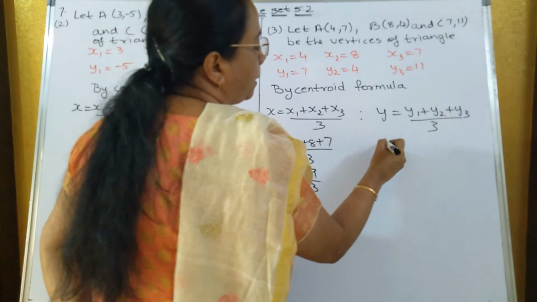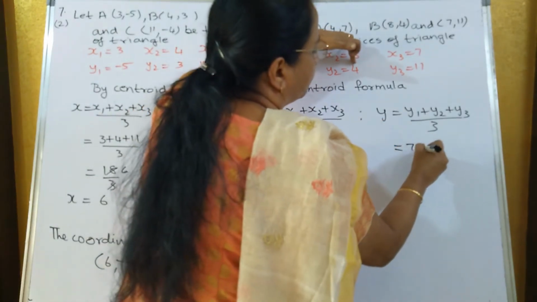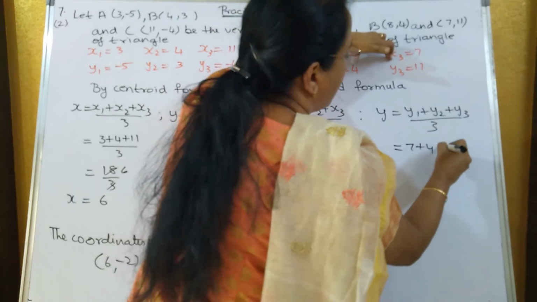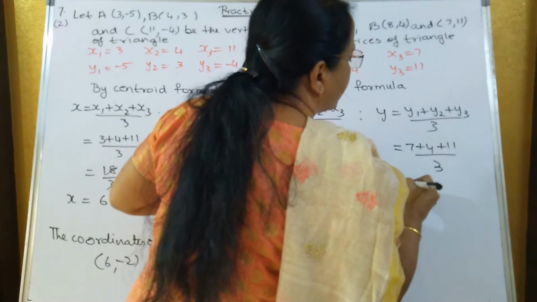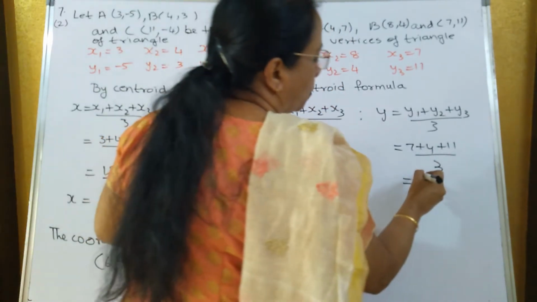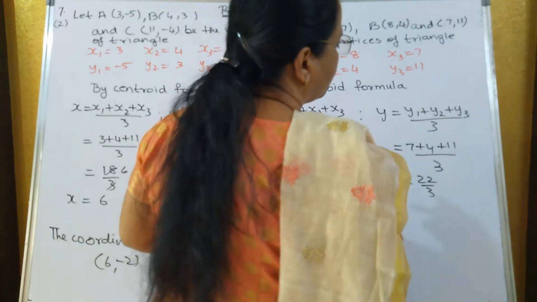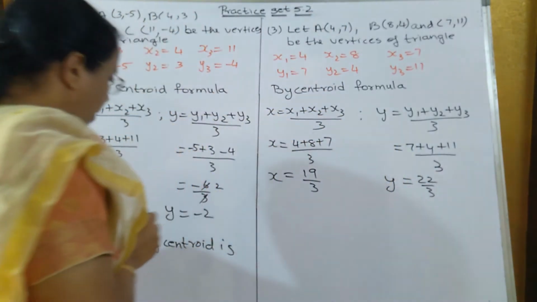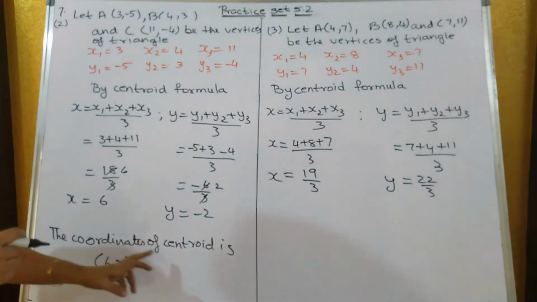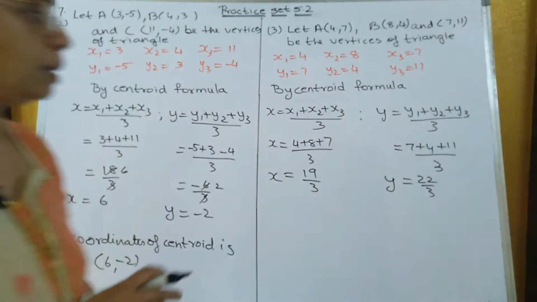Now y is equal to 7 plus 4 plus 11 upon 3, so that is equal to 22 upon 3. In the end you will write down the answer: the coordinates of the centroid are 19 upon 3 and 22 upon 3.